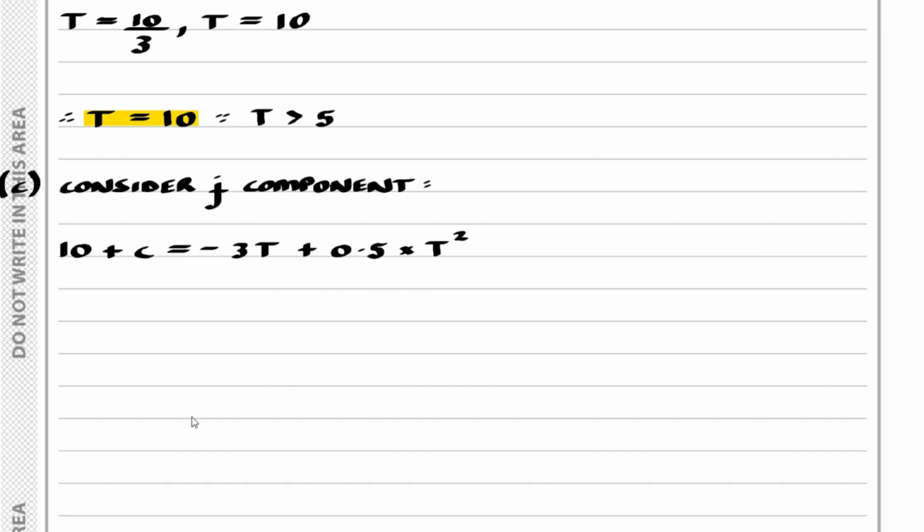And if I substitute in t equals 10, we have 10 plus c equals -3 times 10 plus 0.5 times 10 squared. So if I work out what this is equal to, well, I have -30 plus 50, and then if I subtract the 10, you will find c to equal 10.